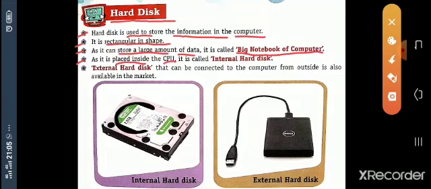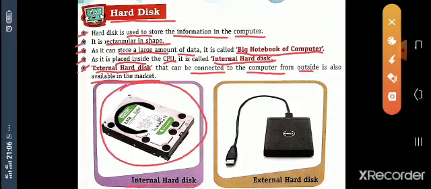It is called internal hard disk. External hard disk that can be connected to the computer from outside is also available in the market. Here are two different types of hard disk. First one, internal hard disk. Now what is internal hard disk?